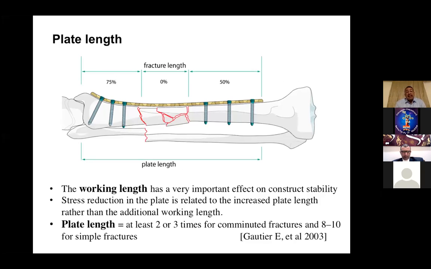It is a bridge plate. And if we have a fracture zone, we have to measure this fracture zone and use a plate length at least 2 to 3 times the length of the comminuted zone. So if we have a fracture zone opposite 4 holes of the plate, you should have at least a 12-hole plate.